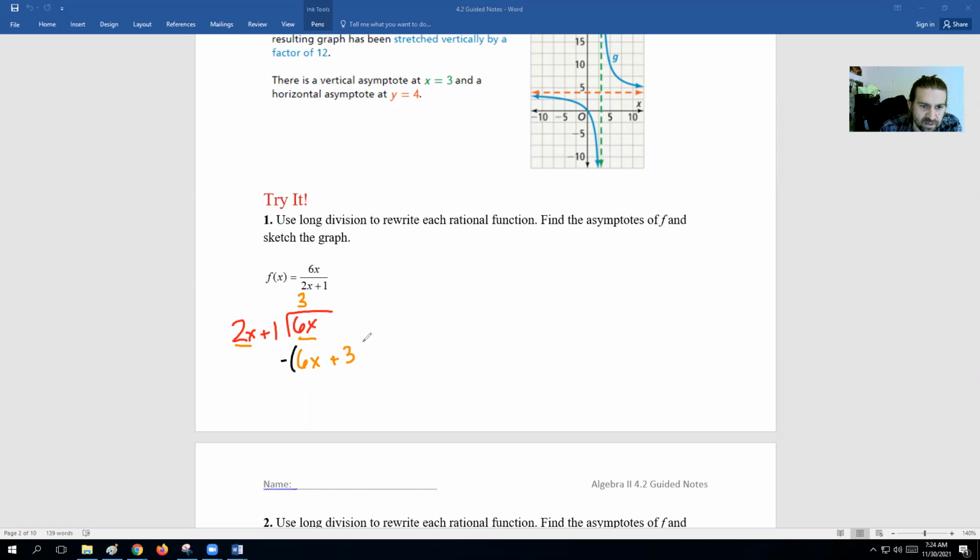Now we subtract. 6x minus 6x goes away. We have 0 here; if you want to put that space filler, you can. Minus 3 would be a negative 3, and that's our remainder. So the equation can be rewritten as 3, which is our answer, plus negative 3 over 2x plus 1.